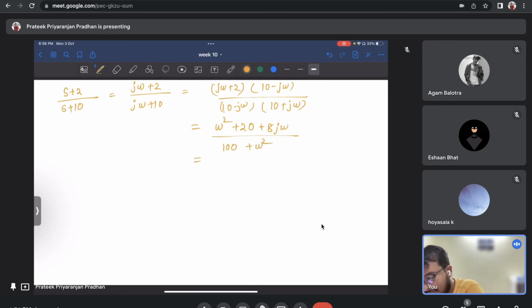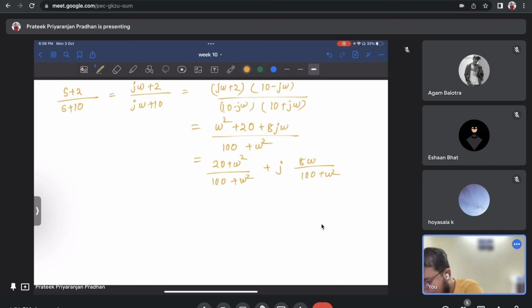So the real part will be 20 plus omega square whole divided by 100 plus omega square plus j 8 omega whole divided by 100 plus omega square.